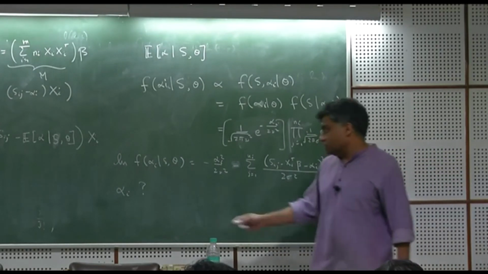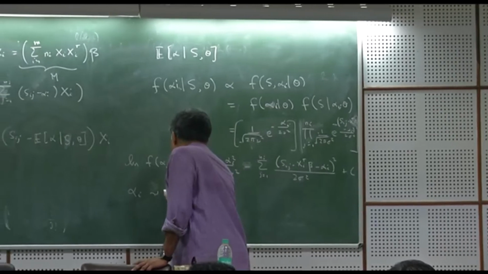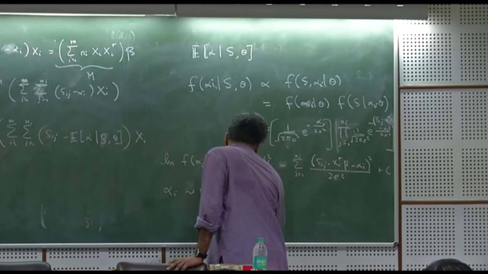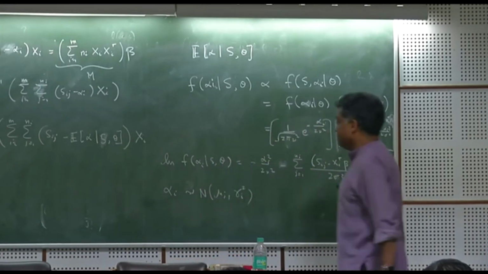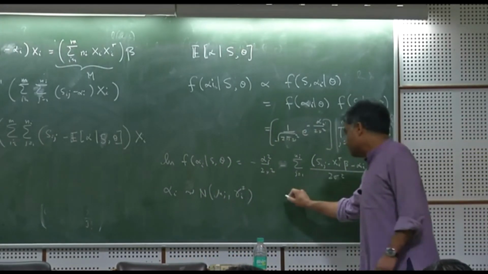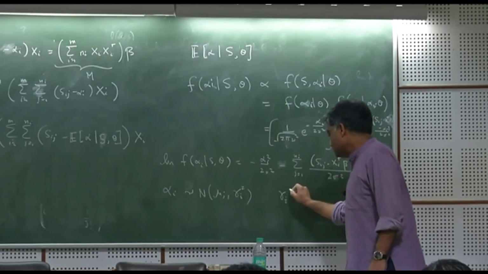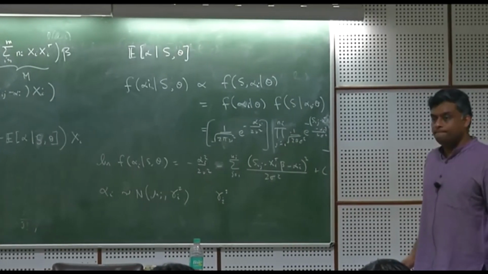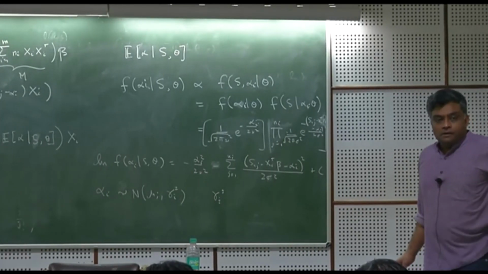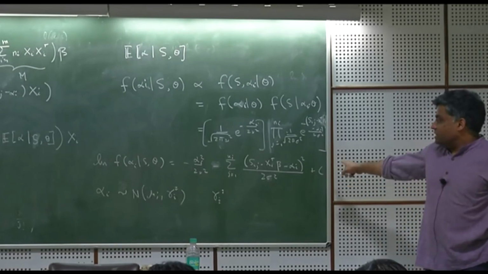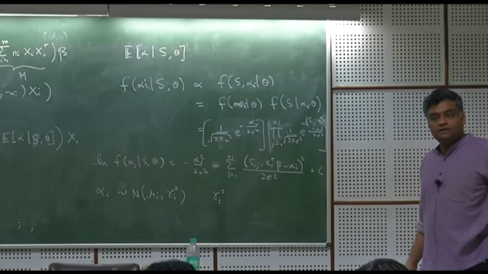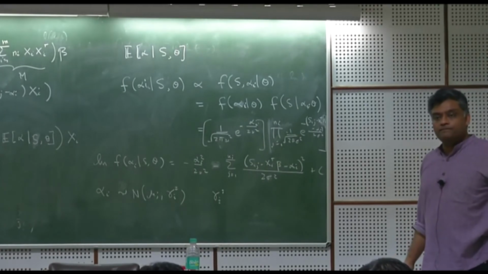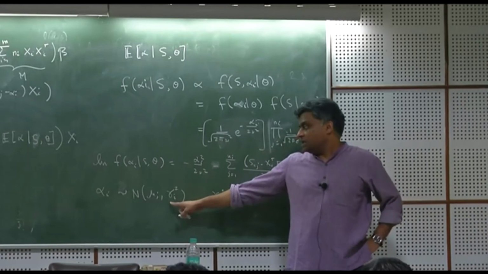So I'm done. Alpha is now distributed according to normal with some mean mu I and some variance gamma I squared. How do I know what gamma I is from this calculation? Is there a quick way for me to figure out what gamma I is without filling up everything? Look at the power of alpha squared here in the exponent.